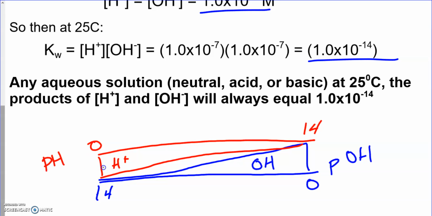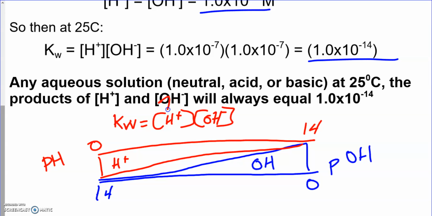And notice what's happening here. The thickness of the triangle basically represents the concentration of the hydrogen ion or the hydroxide ion. As hydrogen ion is increasing, what's happening to our hydroxide ion concentration? Well, it's decreasing. Why? Mathematically, it's because Kw equals the concentration of hydrogen times the concentration of hydroxide.